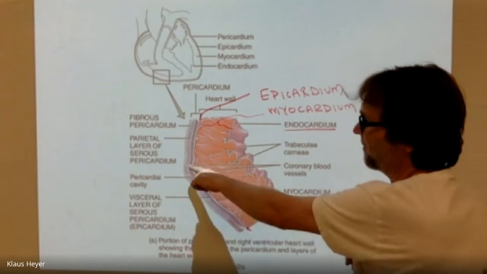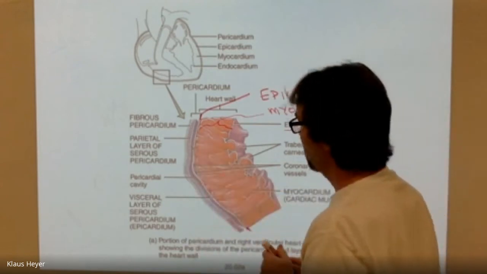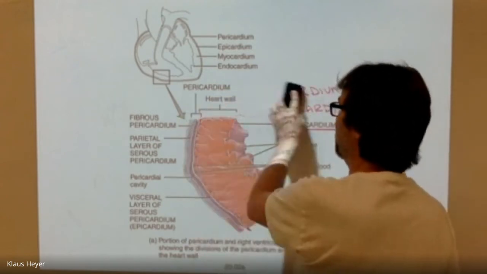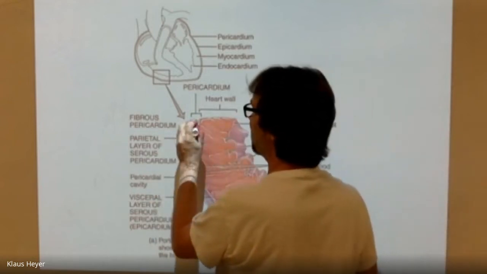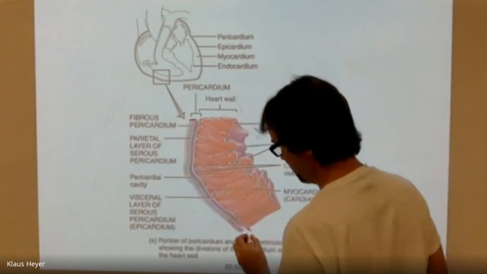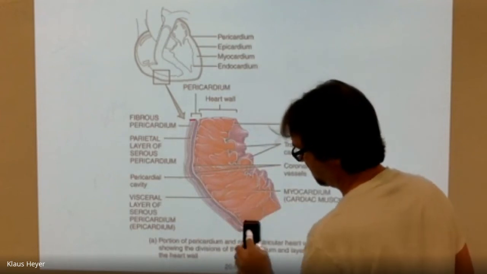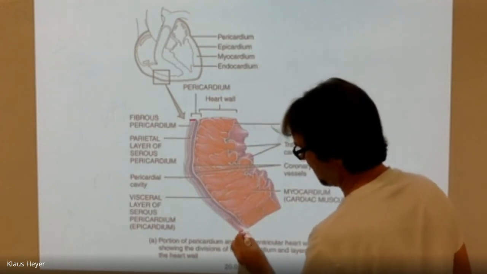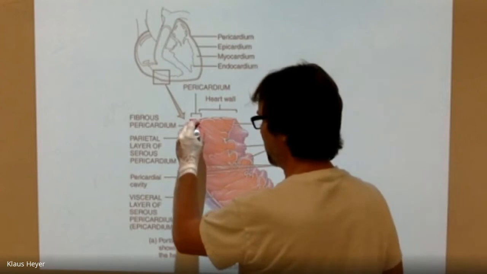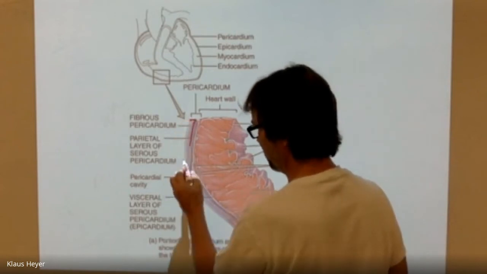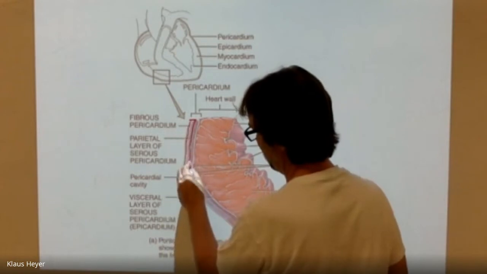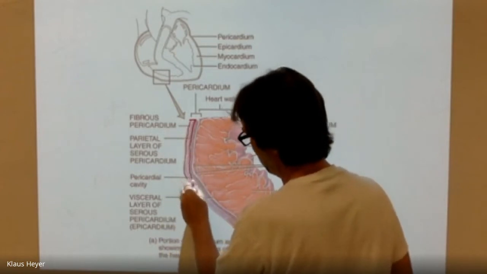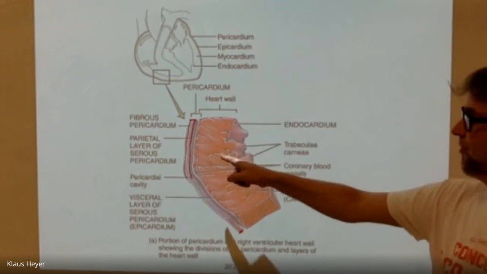But then we've got something else here. So let me erase this. We've got this part here. I'm just going to outline a little bit of it. There's something else here.